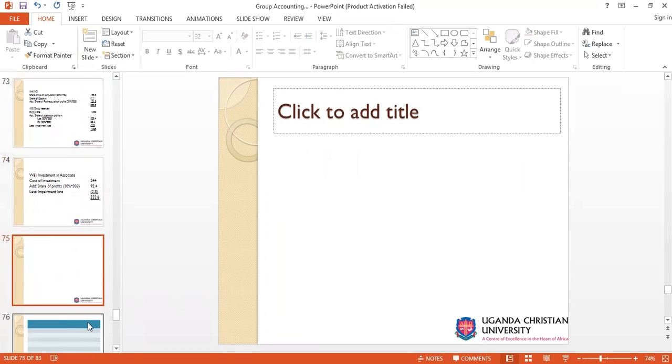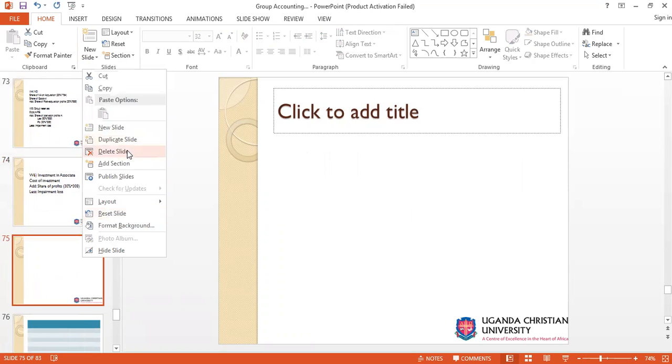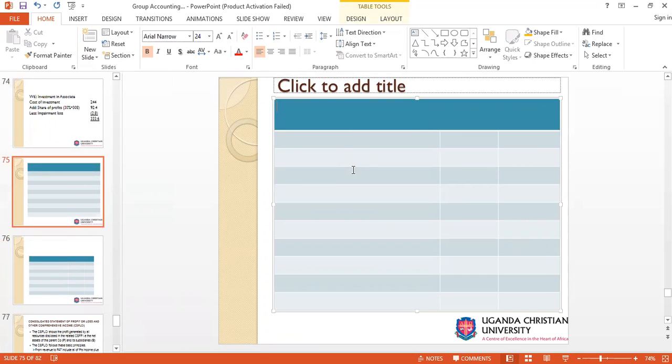I can use this form I have. So now, the consolidated statement of financial position for DIPSE and group, as at 31st December 2003.